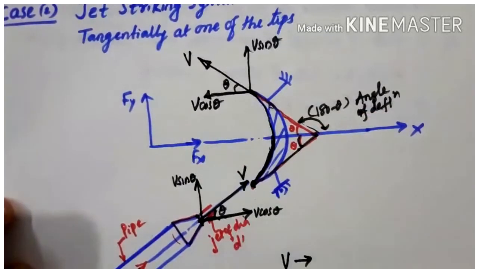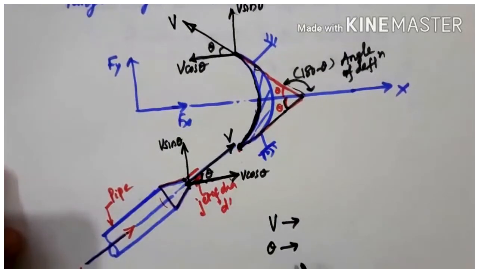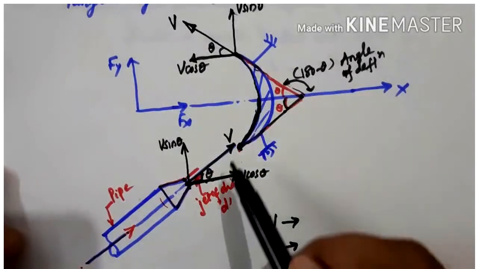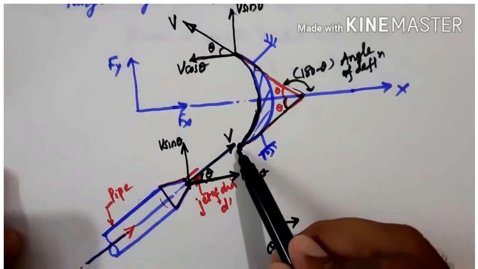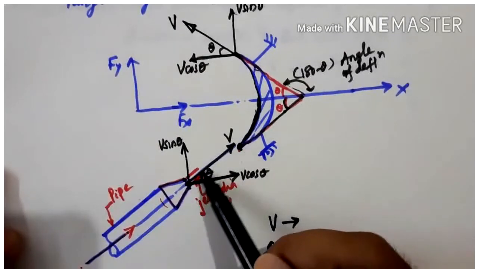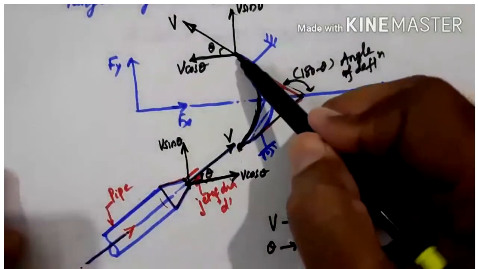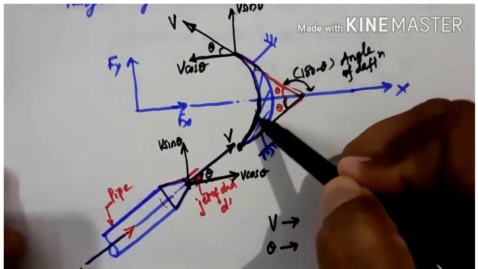So theta is the angle made by the jet with the horizontal at inlet and outlet, and v is the velocity of the jet entering the vane and exiting with the same velocity, because we have assumed this surface is very smooth.